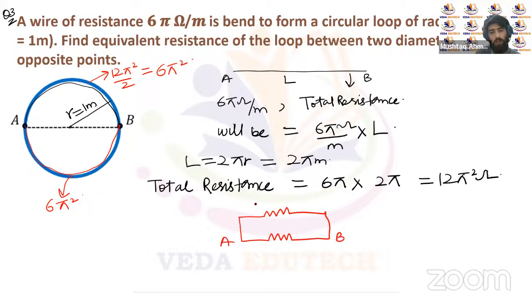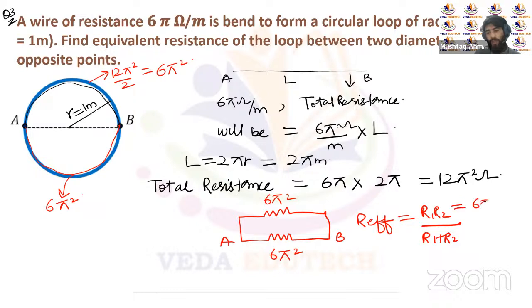So the resistance of the upper half of the circle is 6 pi square and the lower half is 6 pi square, so their effective resistance will be R effective equal to R1 multiplied by R2 upon R1 plus R2. That will be 6 pi square multiplied by 6 pi square, divided by 2 times 6 pi square, so it will get cancelled.